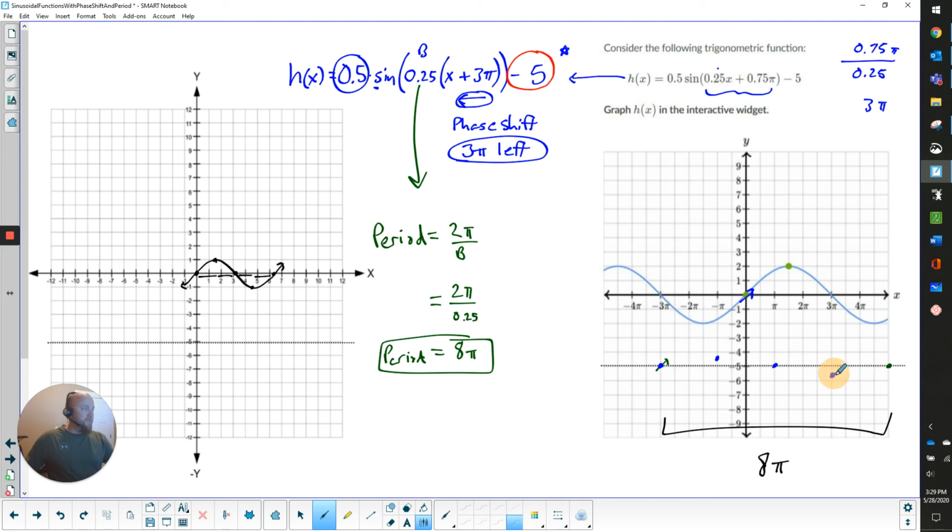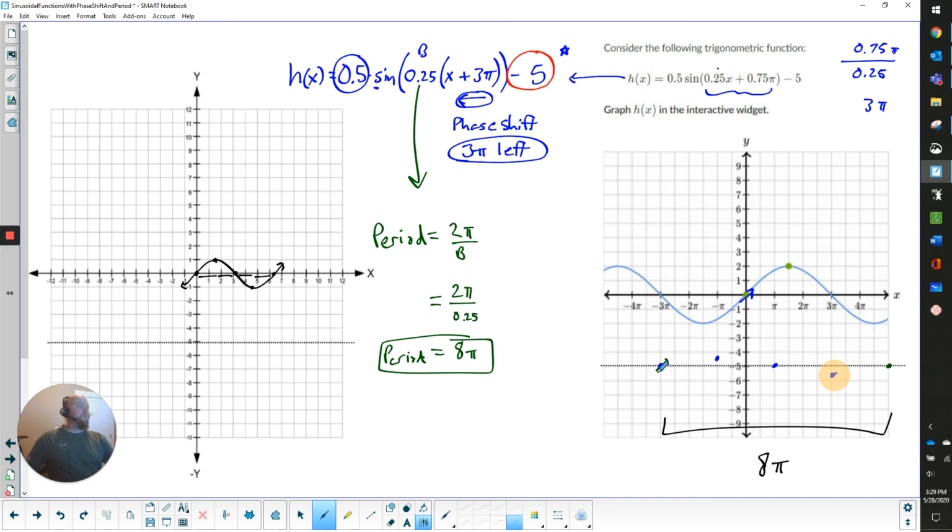This is going to be a tough one to draw. And then we already knew, but let's just double check. Yeah, that's 2 pi to get to the end there. So if I were moving these dots around on an interactive widget, this green dot I would put right here, and that green dot I would put right here at negative pi, comma, negative 0.5. And that should do it.